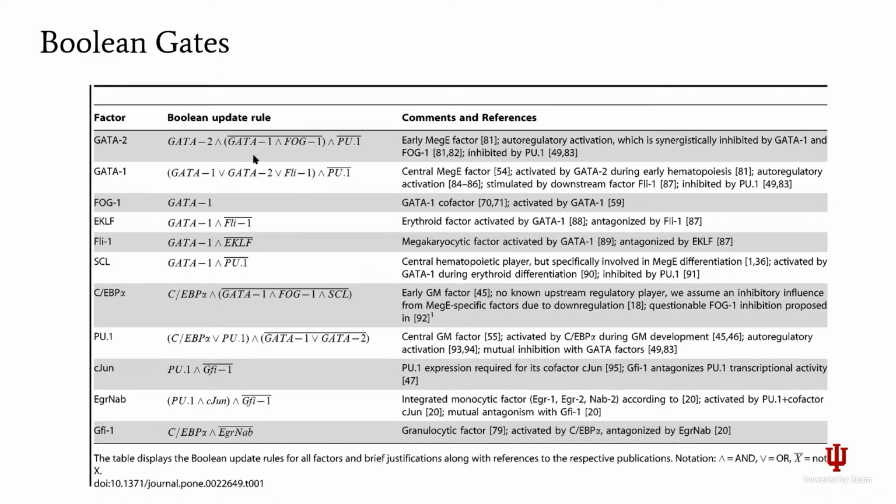Thinking about the class that we have, let's skip over the first two functions because they're complicated, but we see the FOG1 to GATA1 function. This is just FOG1 has the same value as GATA1. And then the EKLF, the FLI1, and the SPI1 functions. These are exactly the gates that we had with proteins A and B, where they were autoregulating and blocking each other.